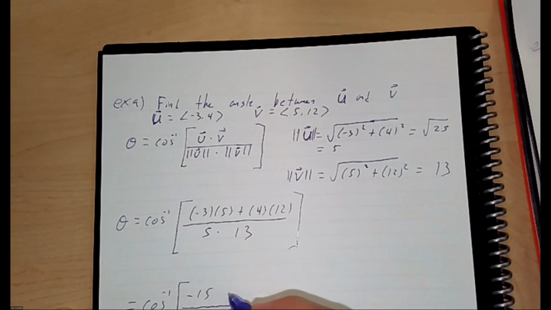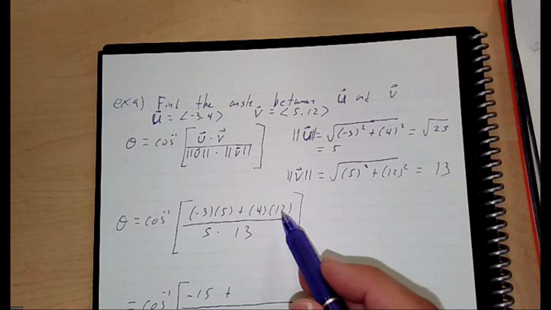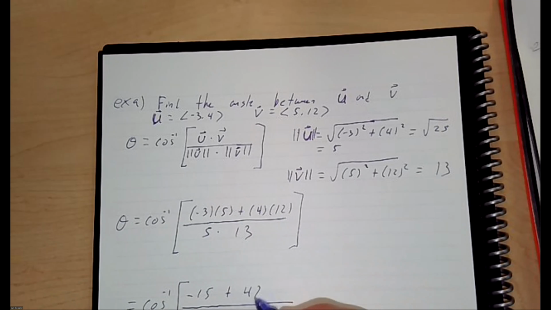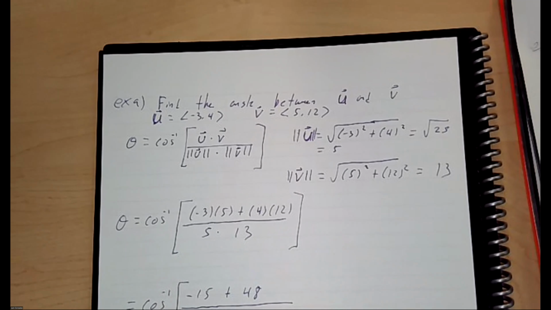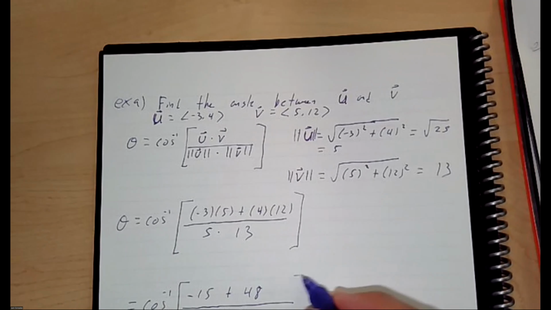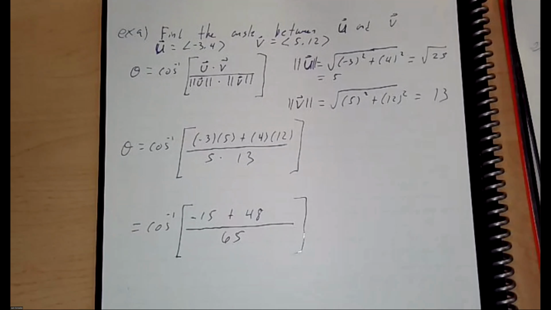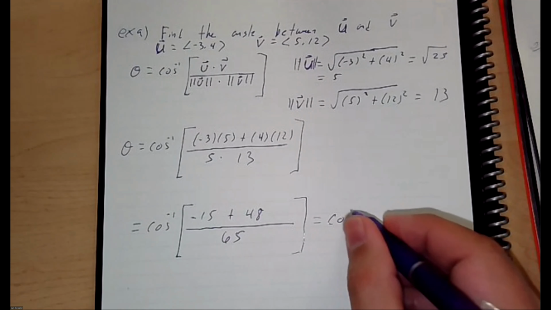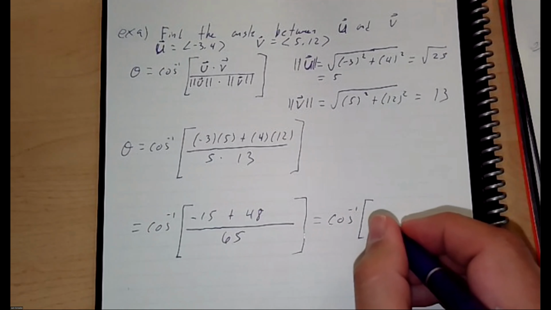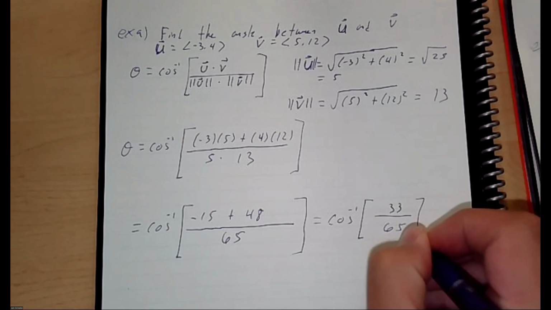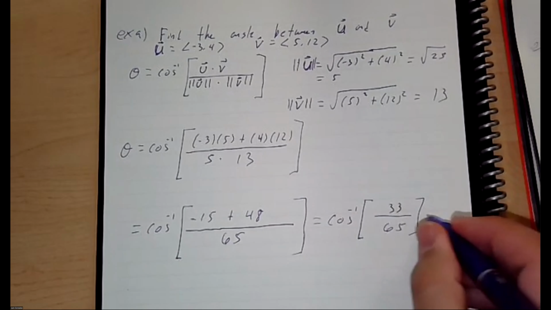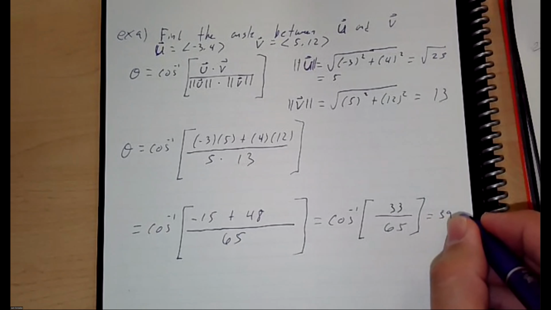So that'll be -15 plus 48. 5 times 13, that's 65. So 33 over 65. The calculator would give us 59.5 degrees.